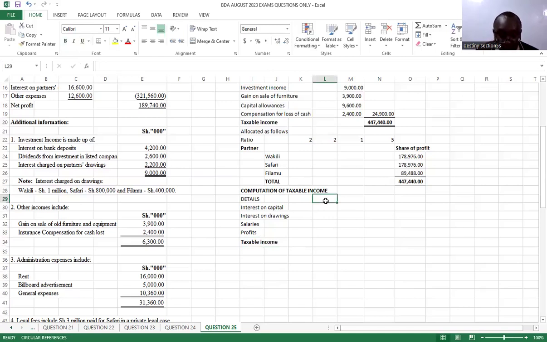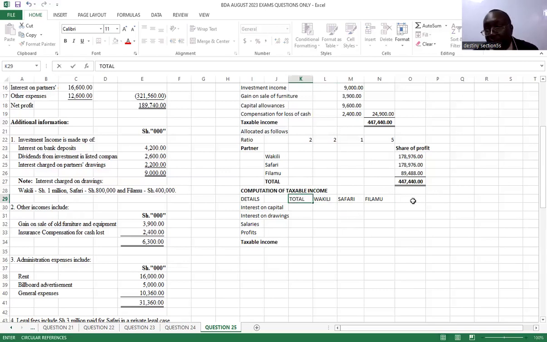Okay, so we have the first one called Wakili, followed by Safari, followed by Filamu. Okay, let's look for interest on capital, or we could have the total here so that we know the amount that we are sharing.